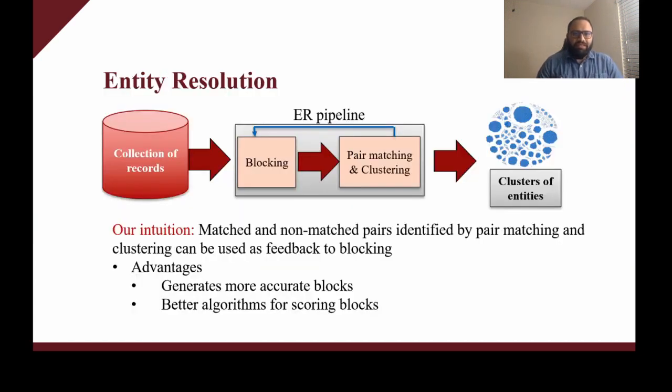To deal with these challenges, we had an intuition: why can't we use the output of the pair matching and clustering component to fine-tune blocking? If we do that, we don't have to consider blocking as a pre-processing step and can possibly use additional knowledge to improve its quality. We tried this mechanism and proposed a new architecture where blocking and pairwise comparisons are performed in tandem.